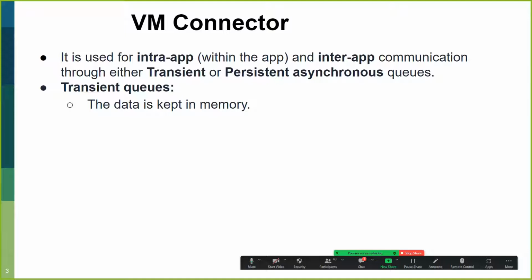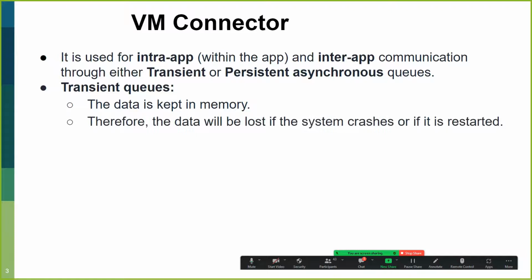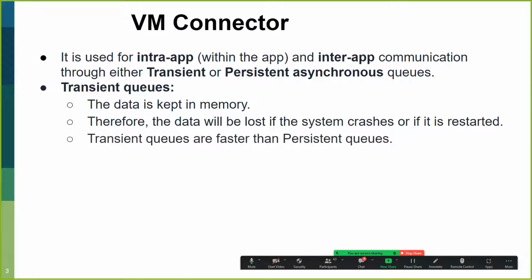That is what is called transient. If it is in memory, it is fast because it doesn't have to read from disk. However, it could also get lost if your machine crashes or gets restarted. That is a transient queue. They are faster than persistent queues for that reason.